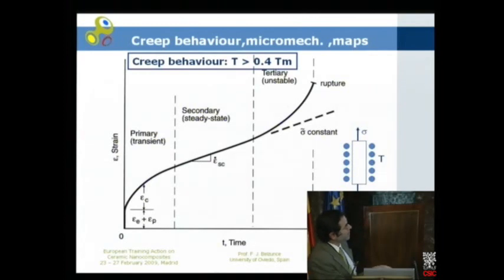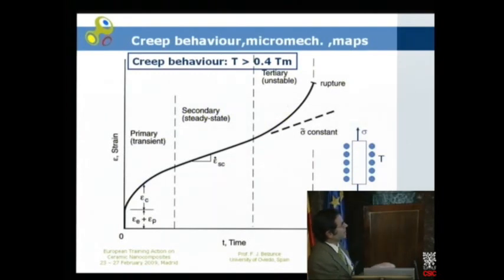But if we maintain the stress constant, you can see that the secondary region prolongs to the final rupture of the specimen. And also there is this primary or transient region. If we are speaking in general, this region is not very important because it elapses a short time.